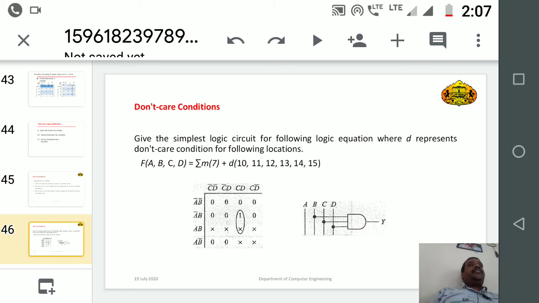How many don't care conditions? 6 don't care conditions: 10, 11, 12, 13, 14 and 15. So minterms are 7 and there are a total of 6 don't care conditions, and this is the representation in the K-map method.